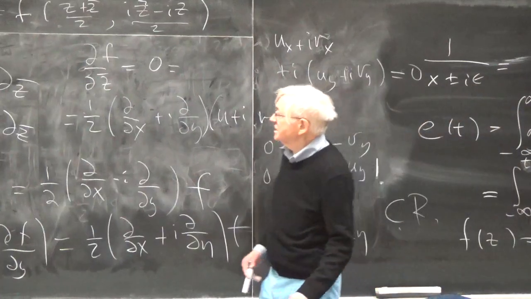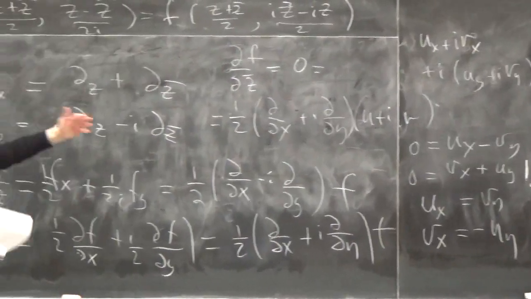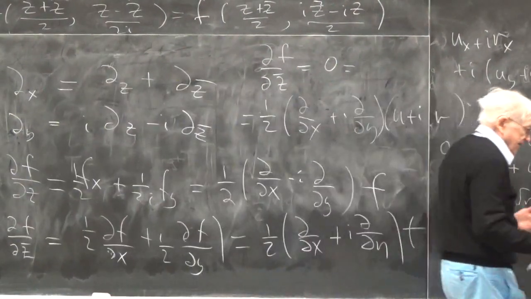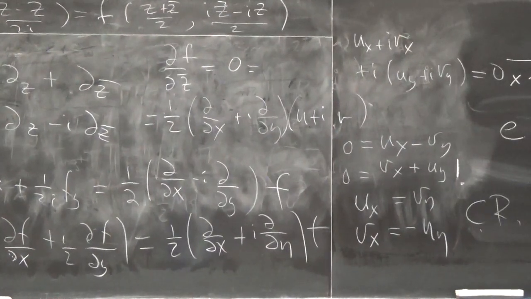It's telling us that if you do this substitution and, say, do a power series or a Taylor series in two variables of f of x and y, all the z bar terms cancel, and all you have left are z's.